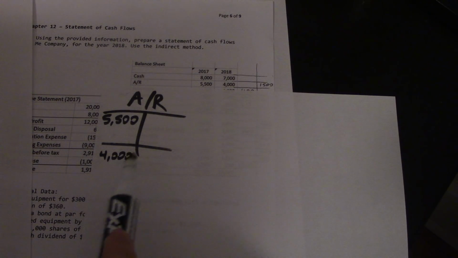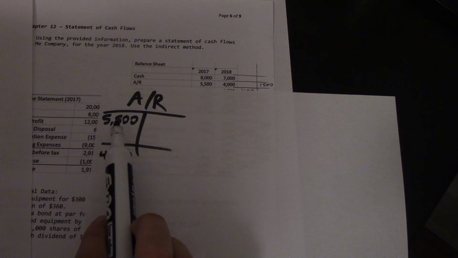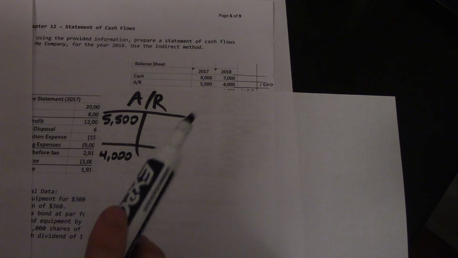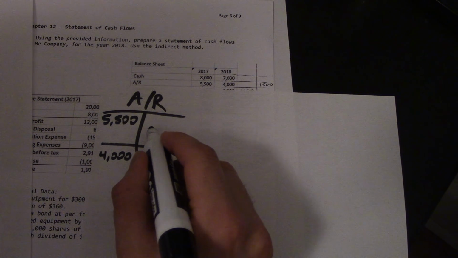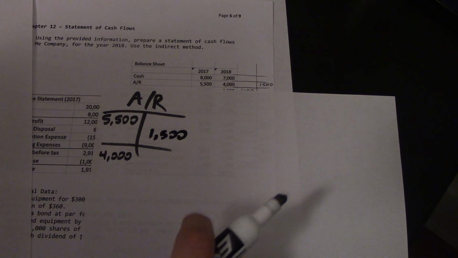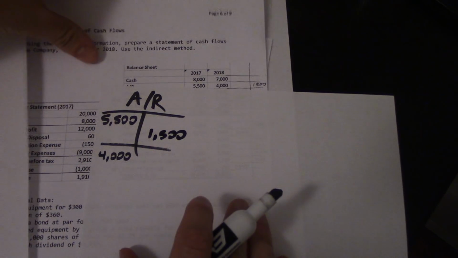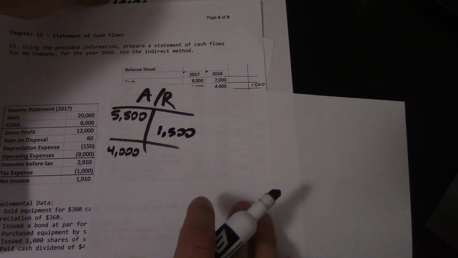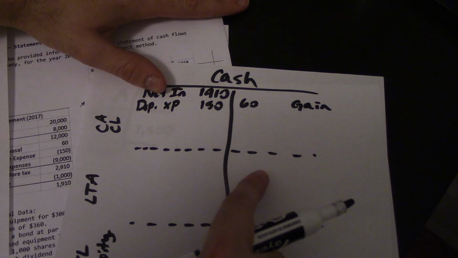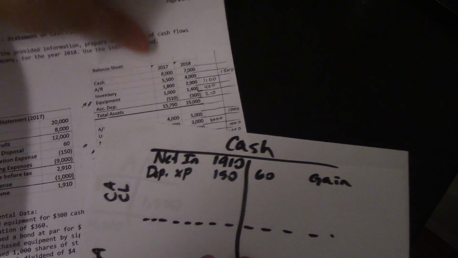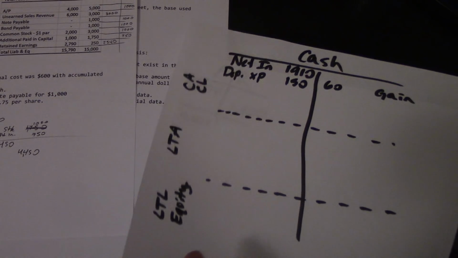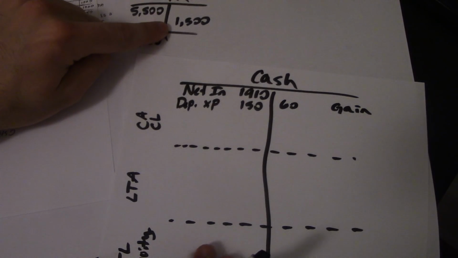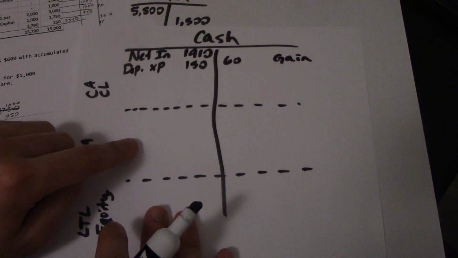So, anyway, going back to accounts receivable, we began with 5,500, ended with 4,000. Therefore, we decreased accounts receivable by 1,500. We're crediting accounts receivable, therefore we're going to debit cash.